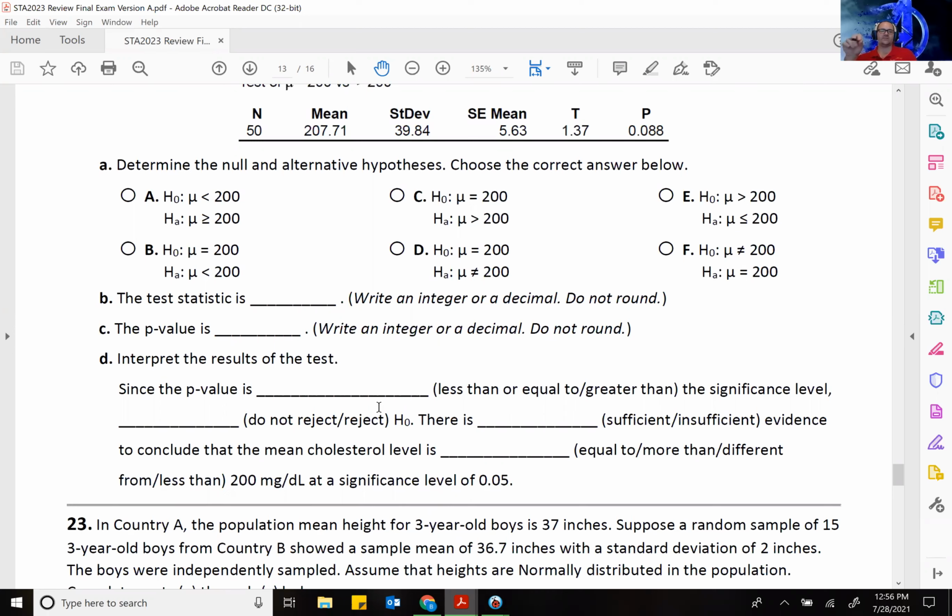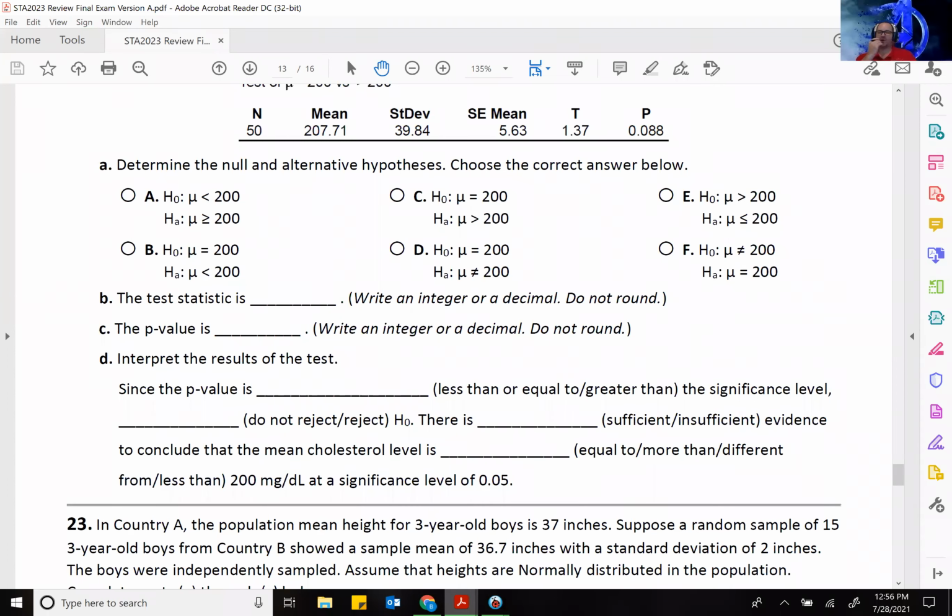So there is insufficient evidence to conclude that the mean cholesterol level is blank. Equal to, more than, different from, less than. There's no greater than. Oh, choice, sorry. Different from? Different than? No. Is it equal to?